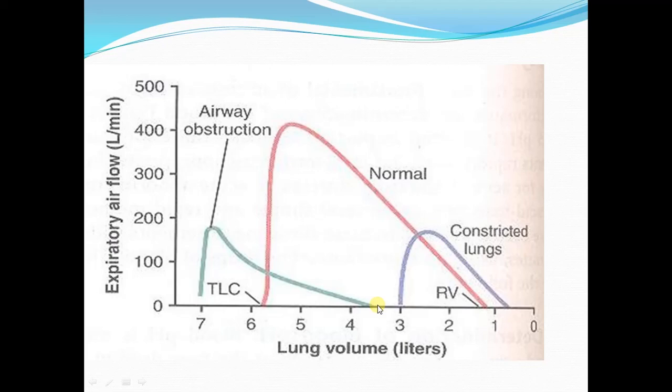So air is trapped inside the lungs, and progressively there is an increase in the residual volume as well as functional residual capacity. And here is the total lung capacity. It is increased in patients of obstructive lung diseases. It is again because residual volume in patients of obstructive lung diseases is increased.